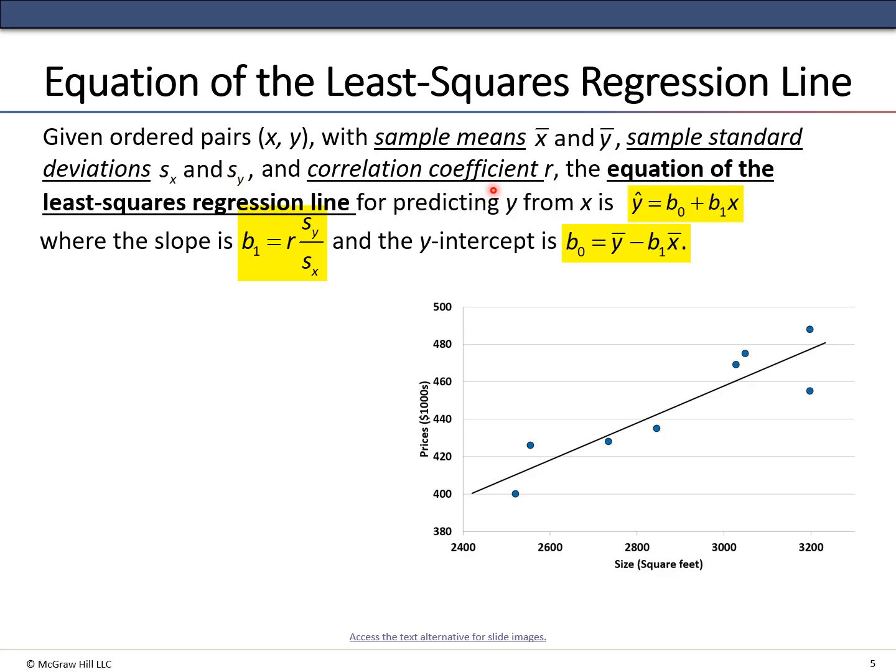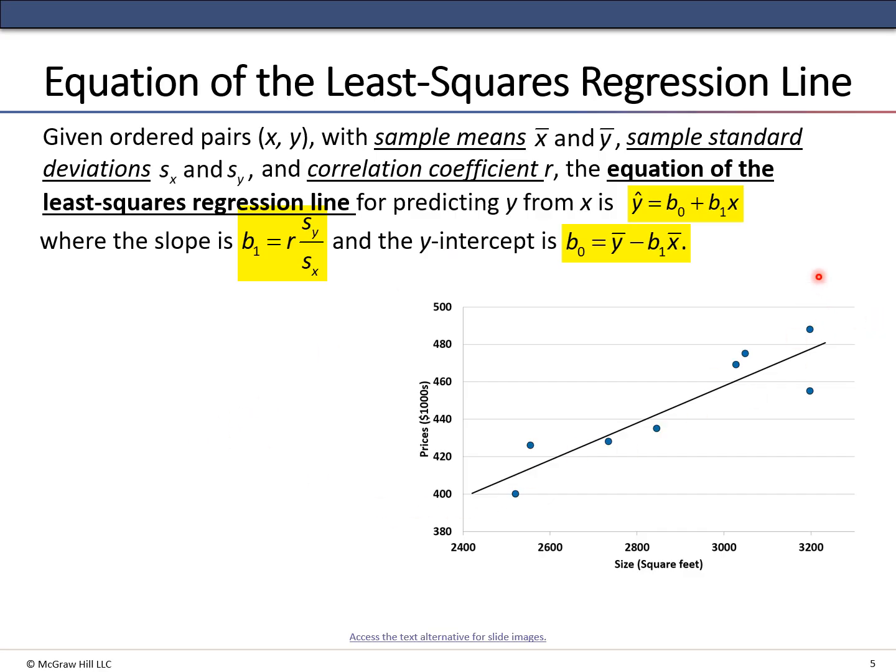And we can calculate the correlation coefficient. With those data points and calculations, we can then create an equation of the least squares regression line. What this does is allow us to predict the sales price for any size home that we input based upon the data in our study.